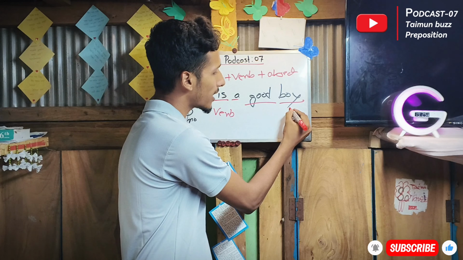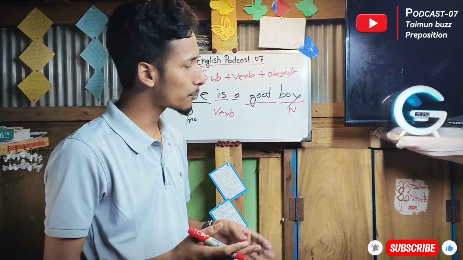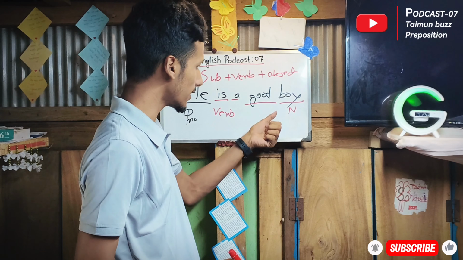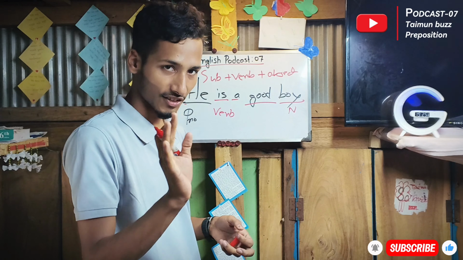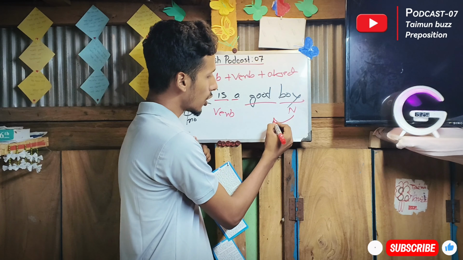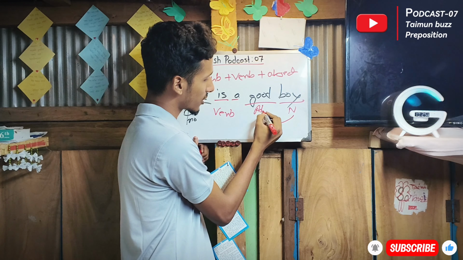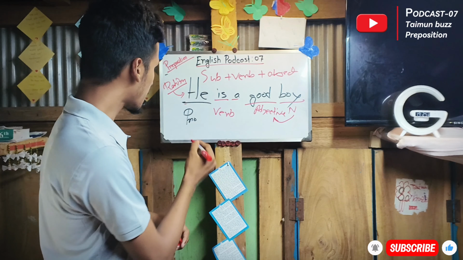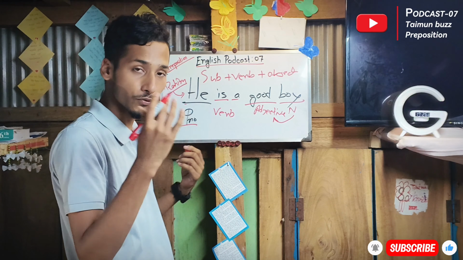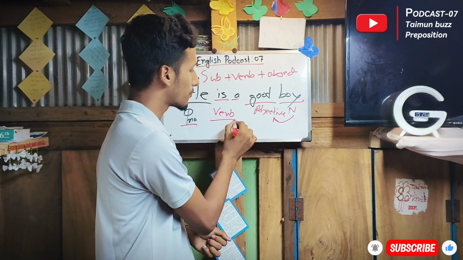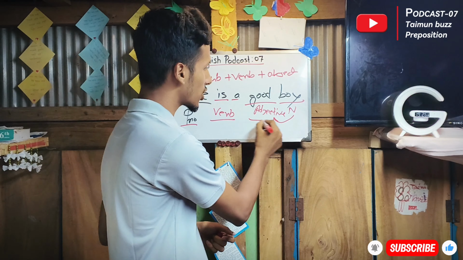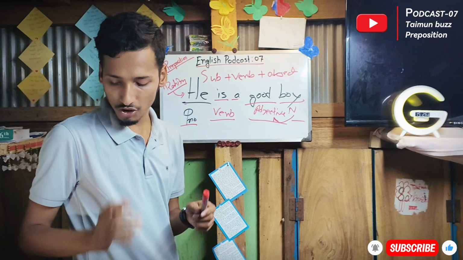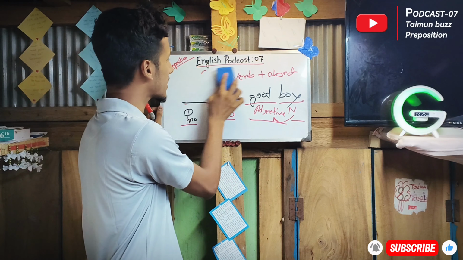So we know boy is the noun, because boy is the name of a person. So before the noun, we know here is an adjective. Now we found pronoun, verb, adjective and noun. So that's why parts of speech are very important for speaking English.